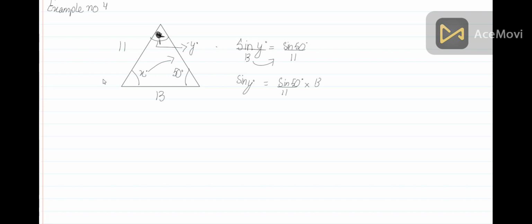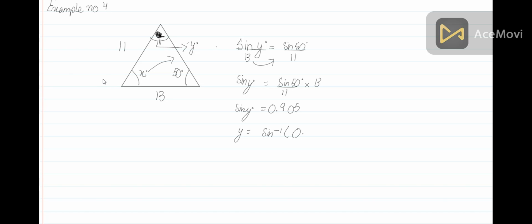So just use the calculator. Sine 50 degrees upon 11 multiplied by 13. It will give you 0.905 for sine y. Now you have to find the angle, so this ratio becomes inverse when you move it towards the right hand side.